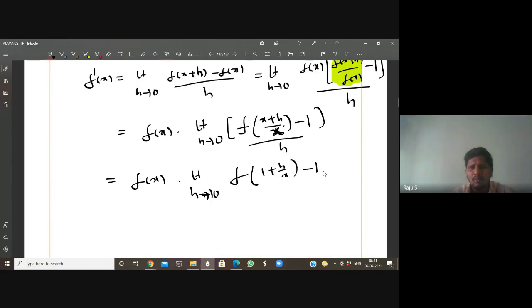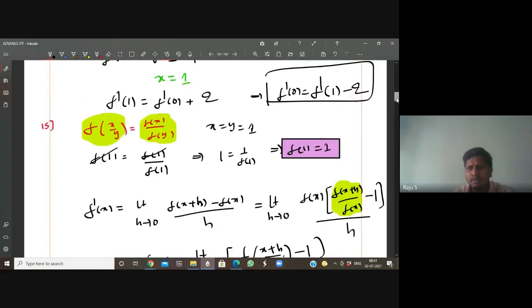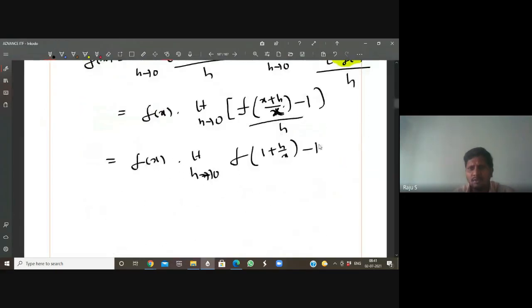Okay student, your minus 1 is there. What shall we do here? Shall I write here 1 as f of 1? Since we know that we already found that f of 1 value is 1, I want to replace 1 as f of 1, divided by h is there.